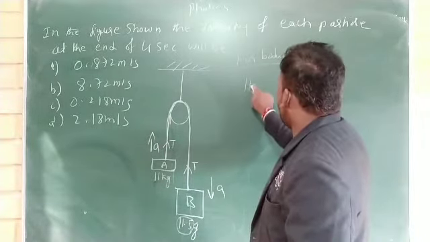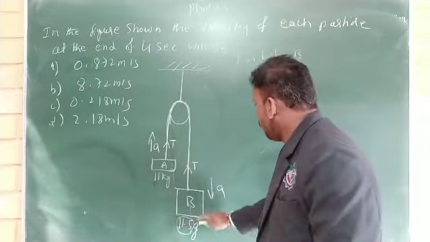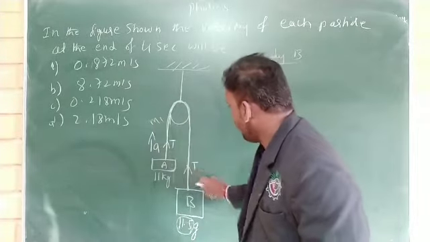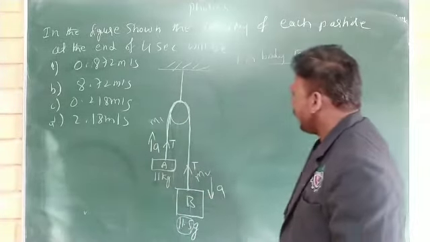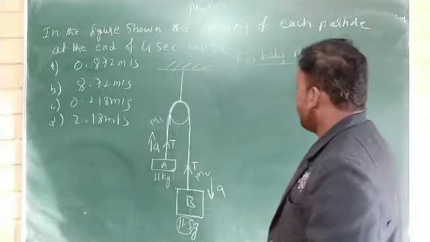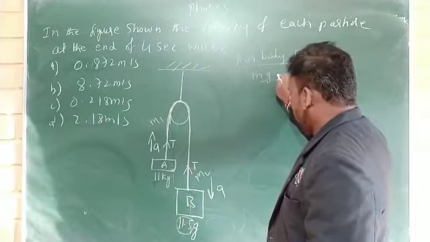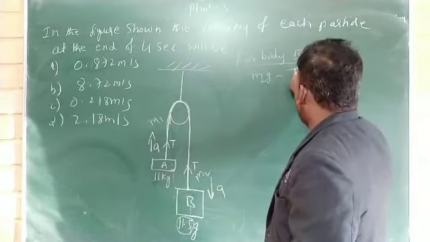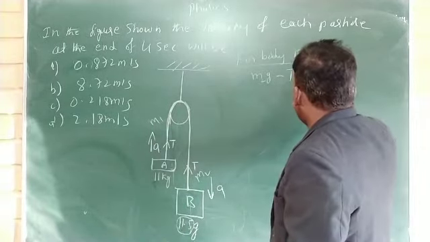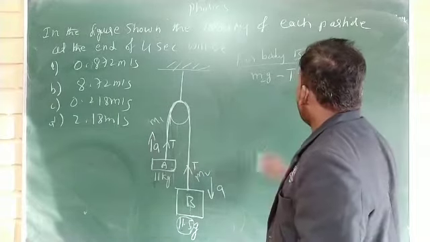Body A is M1, body B is M2. Therefore, M2 g minus tension T in the upward direction equals M2 a. Substituting the mass value, M2 is 11.5: 11.5 g minus T equals 11.5 a.